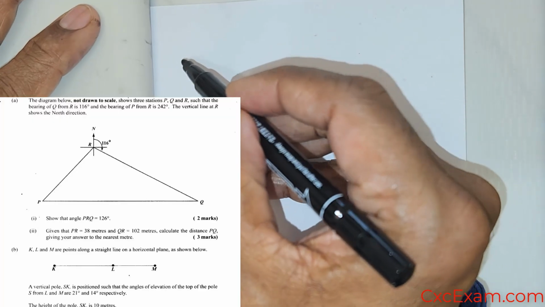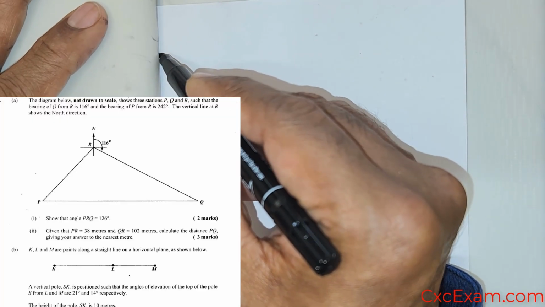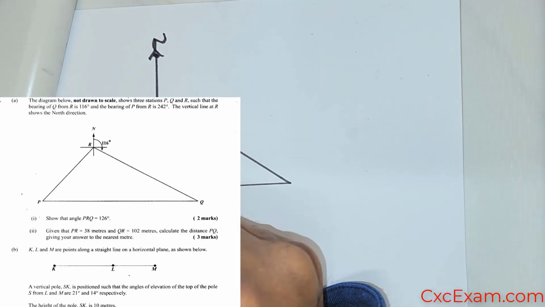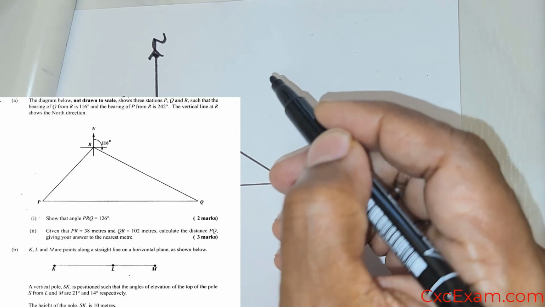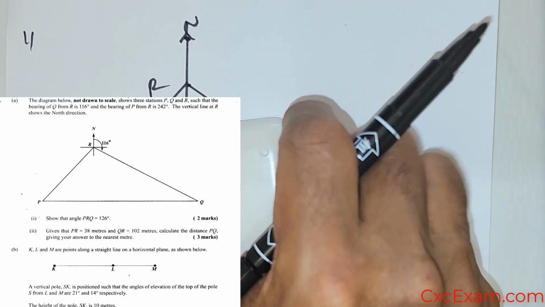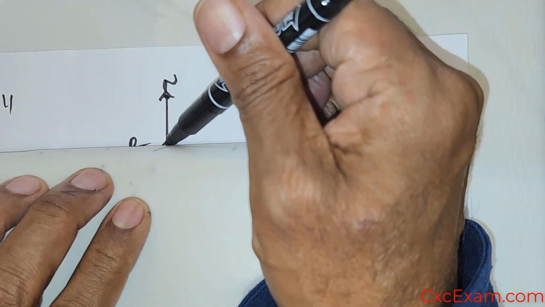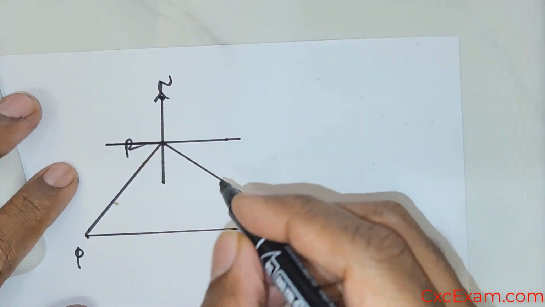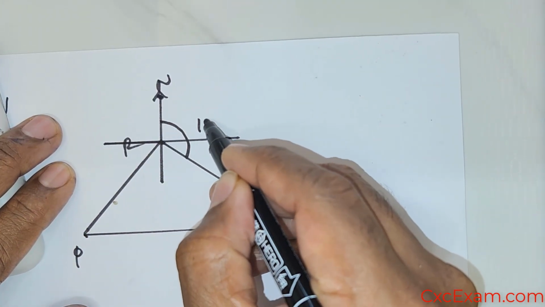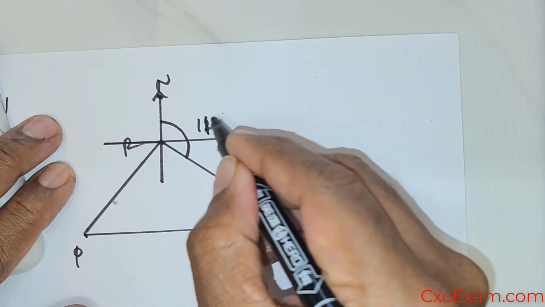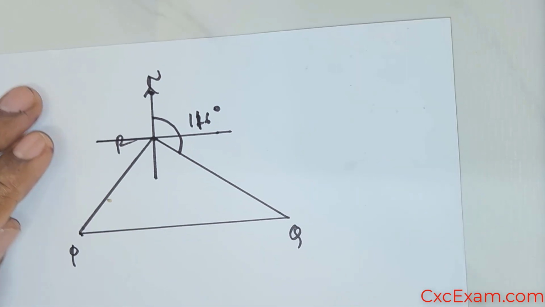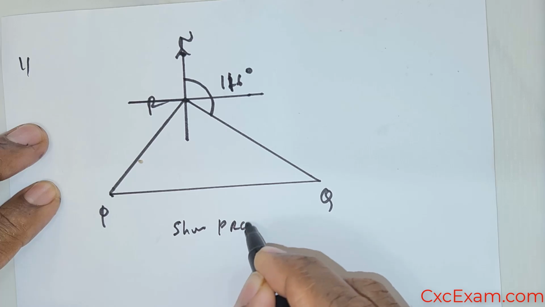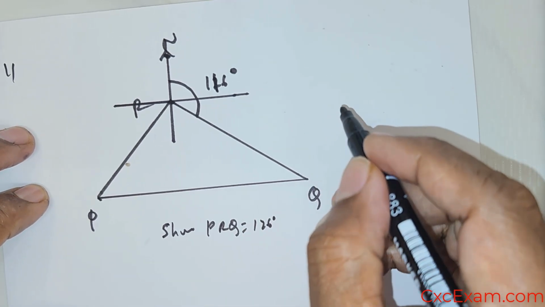And this is north, this is P, this is Q, this is R, and we are given this angle to be 116 degrees, and we are asked to show PRQ is 126 degrees.